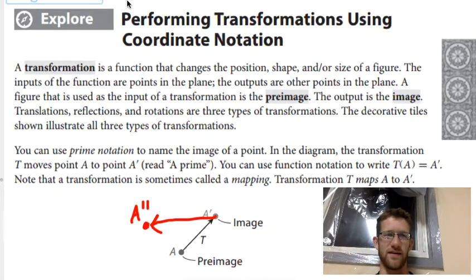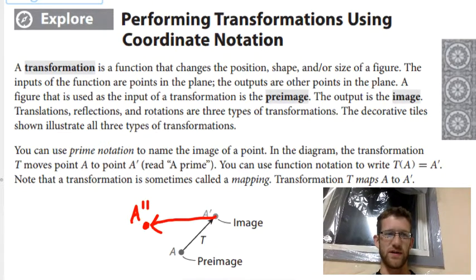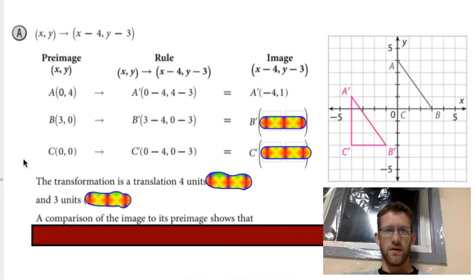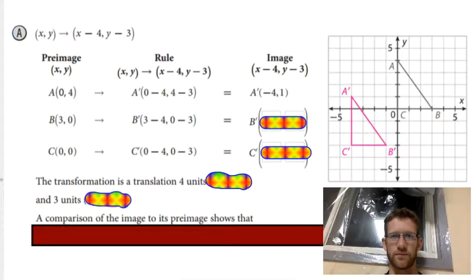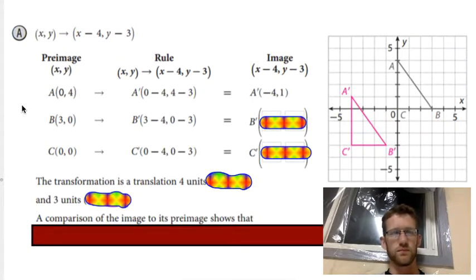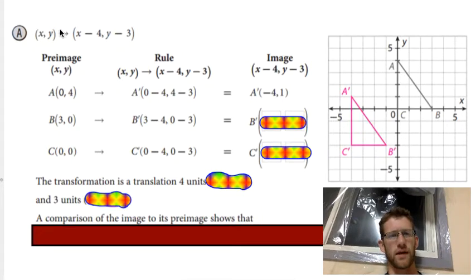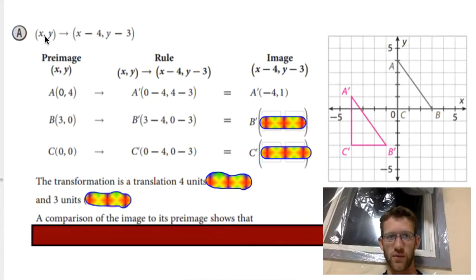Just of note, we'll be in the coordinate plane here, so we'll do some transformations in the coordinate plane. Up here is our coordinate notation for this transformation. All points in the coordinate plane have an x and a y, right? You guys are used to that.